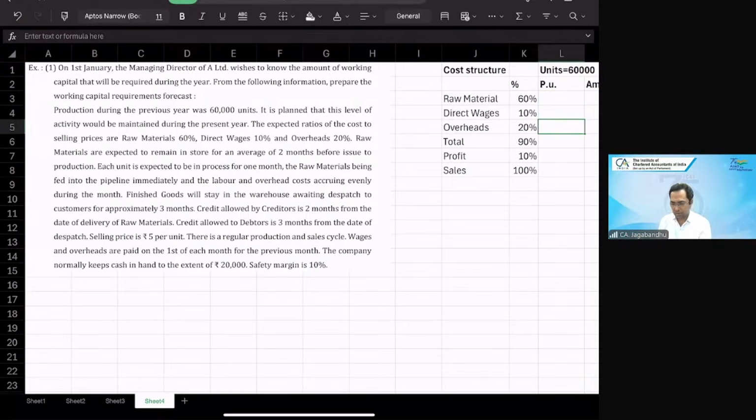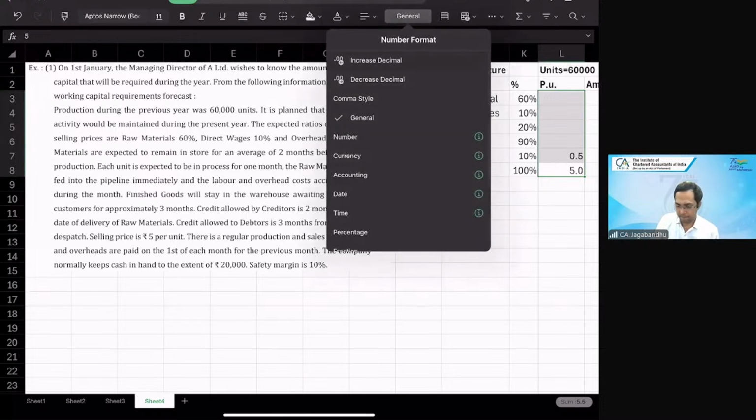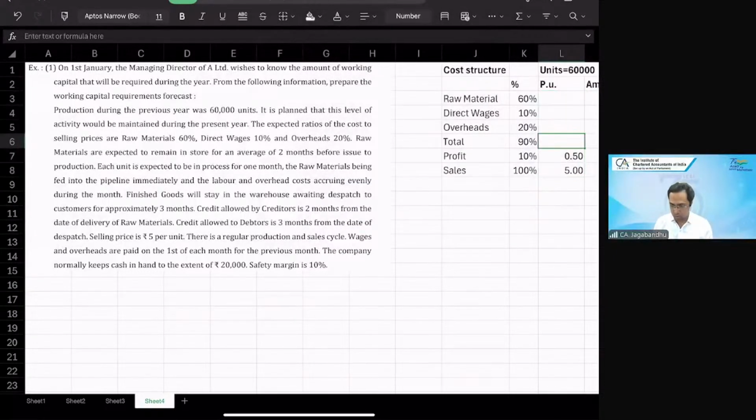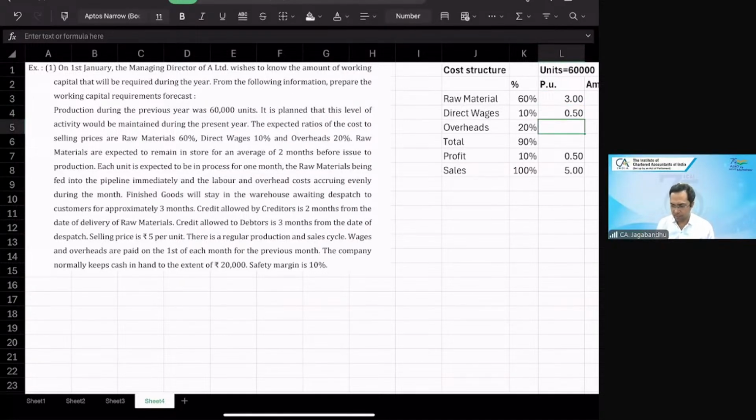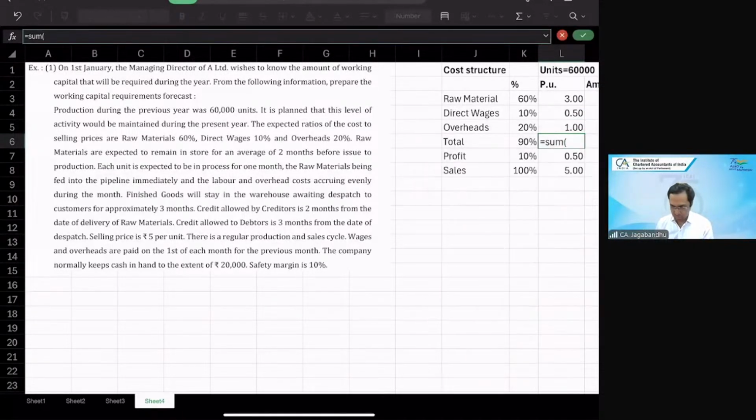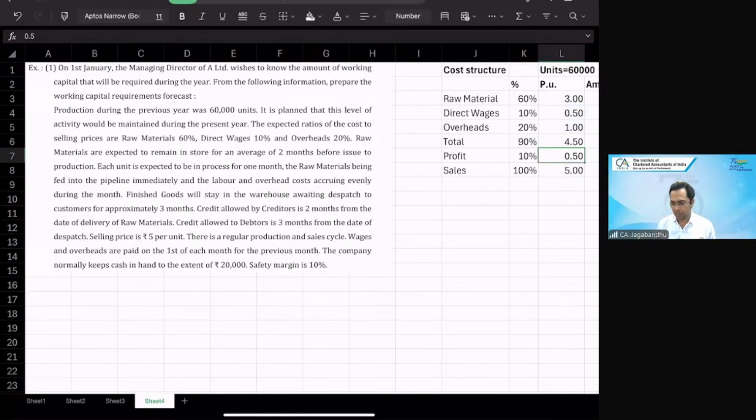Per unit sale price is 5 rupees, so wages are going to be 0.5. Raw material at 60% is 3 rupees, overheads is 1 rupee, and your total cost works out to be 4.5.